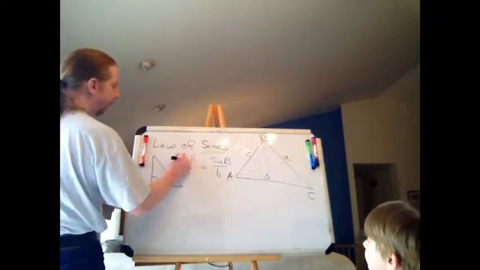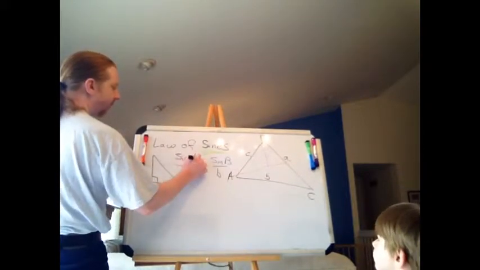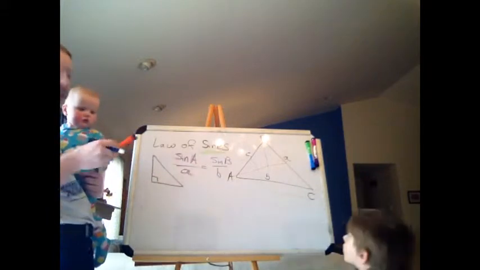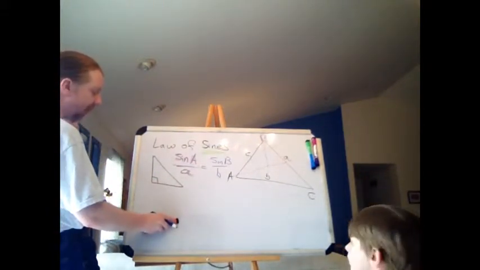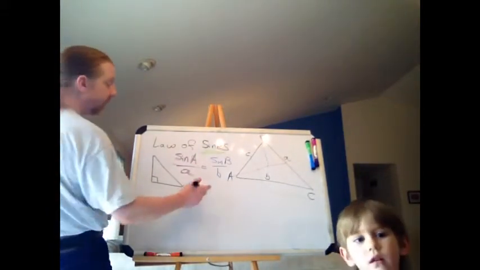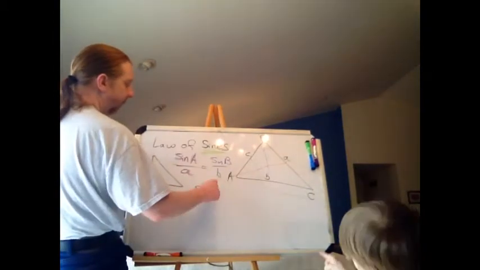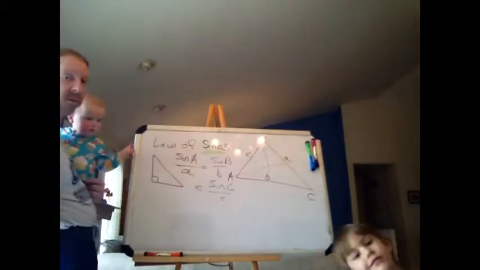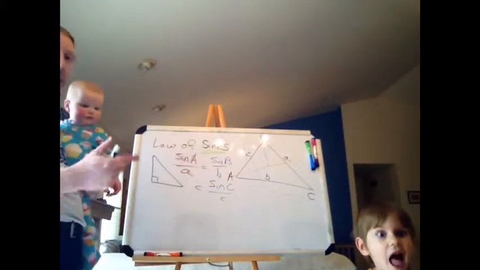So the sine of A over little a is sine of big B over little b. That is what the law of sines says. Now this will also equal the sine of C over little c. And we can use these ratios to solve that triangle.